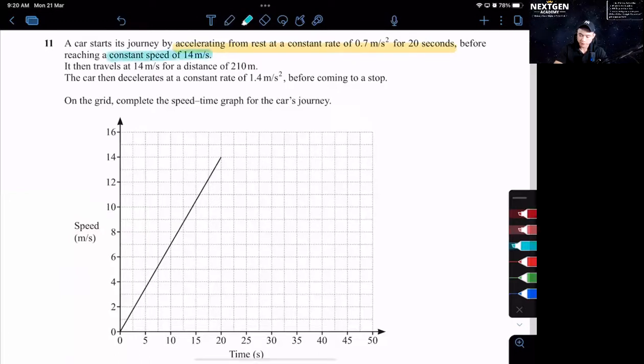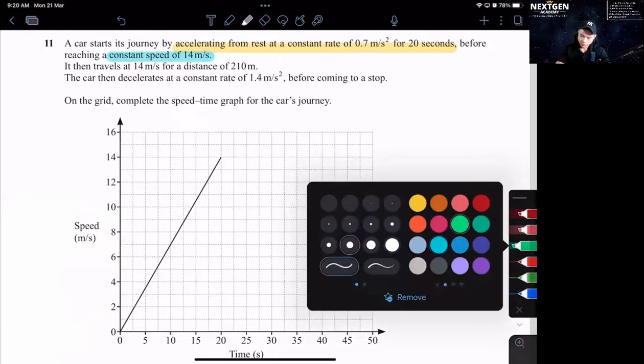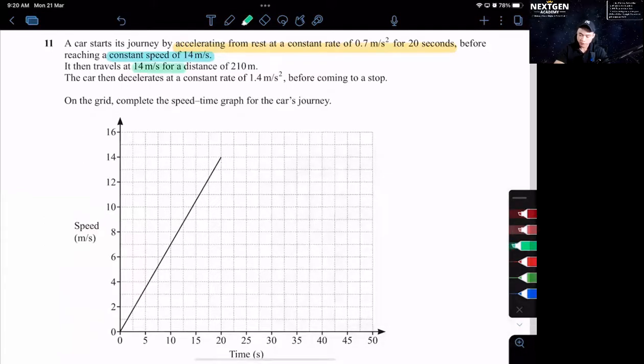It then travels at 14 meter per second for a distance of 210 meter. This is the second part. Then the third part, the car decelerates at a constant rate of 1.5 meter per second square before coming to a stop. Complete the speed time graph for the car's journey.